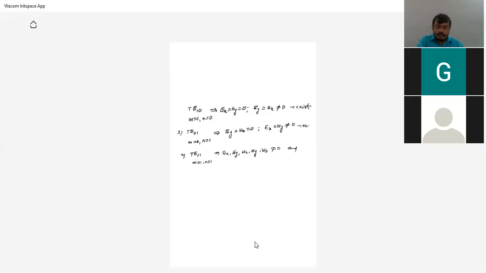This also exists, and higher modes also exist. So these are the existing modes. The remaining we will continue in the next class.